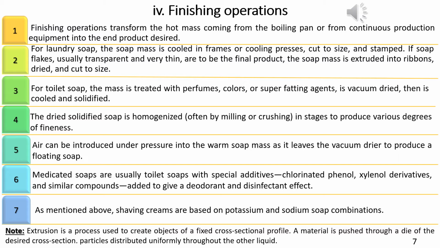There are different types of additives which are added in the medicated soap to produce a disinfectant effect, and these disinfectant effects are introduced to kill the germs. So there are special additives, or different kinds of additives, which are added in the soaps. For example, chlorinated phenol, xylene derivatives and similar compounds.